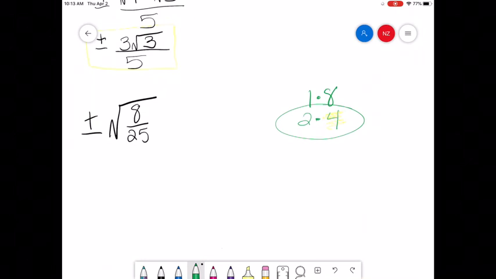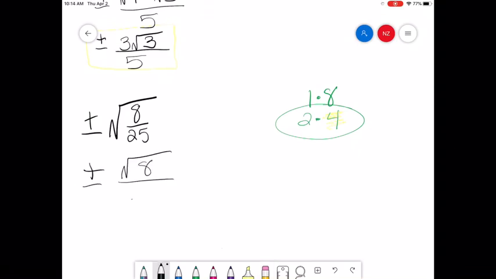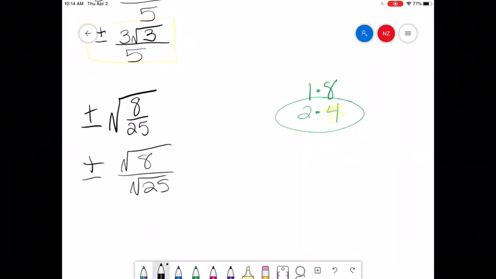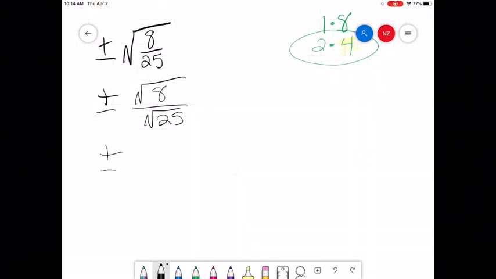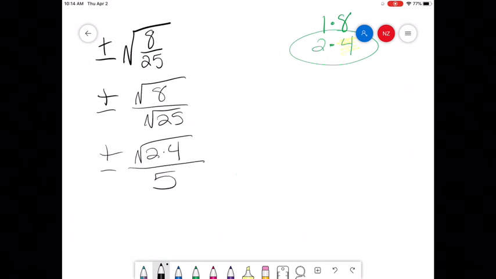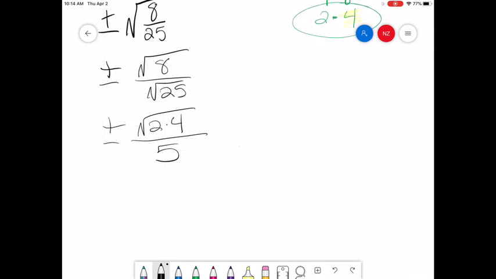Then if you look at the bottom, it's 25 again. We know that the square root of 25 is 5, so that can just be written like that. Plus minus, break it apart, square root of 8 over square root of 25. Simplify, the square root of 8 is going to be written as the square root of 2 times 4 all over 5. Now take a look at this radical here, plus minus the square root of 2 times the square root of 4 all over 5.